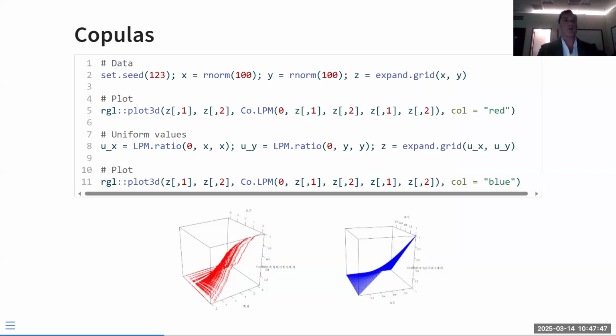So if I change that threshold, I'm going to get a different covariance matrix. And we can also generate copulas from the co-lower partial moment function. Again, it's just one line of code. It's very simple. We're expanding the observations, and we're taking the co-lower partial moment on these expanded observations. And this is on the raw data.